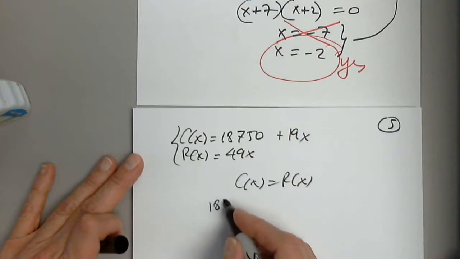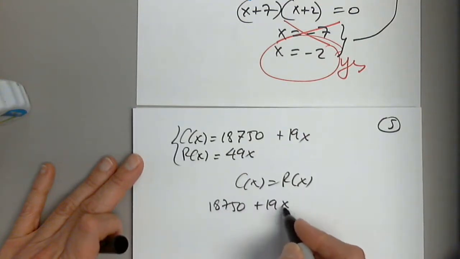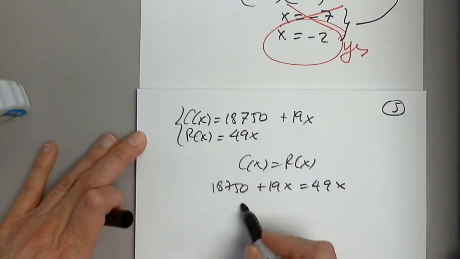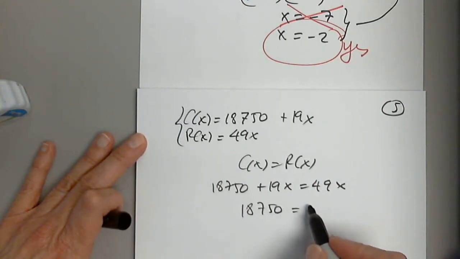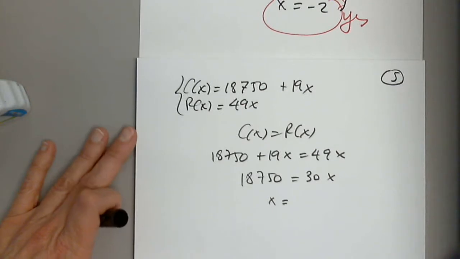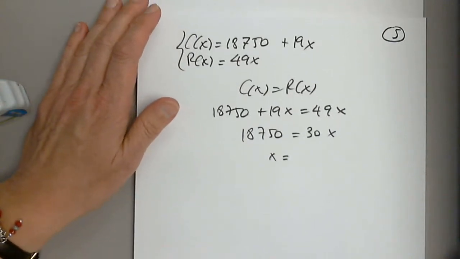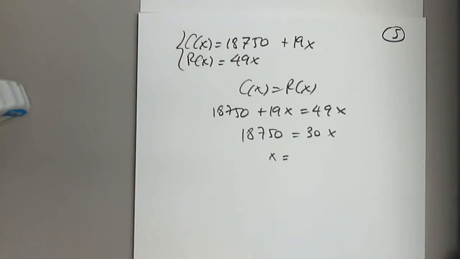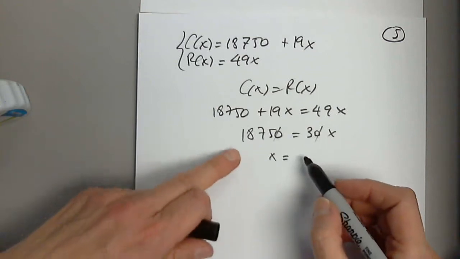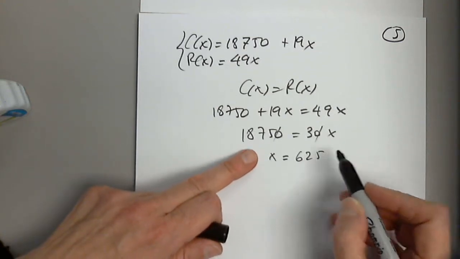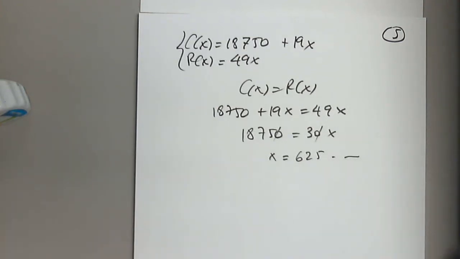So you have 18,750 plus 19x equals 49x, or 18,750 equals 30x, and you divide. The break even means we're not making any profit. Every penny we get as revenue goes out as cost. So what do we get? It's 625 units of product.